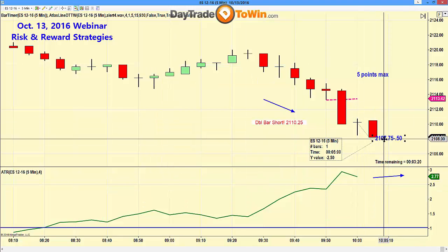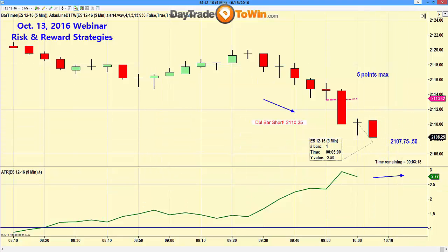This is predictable. I'm not guessing. I'm not thinking that it's going to make 30 points. This is a prediction based on what the last 4 candles have shown me that is possible.